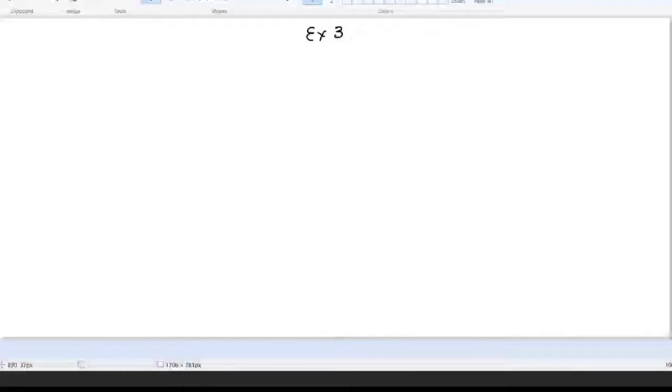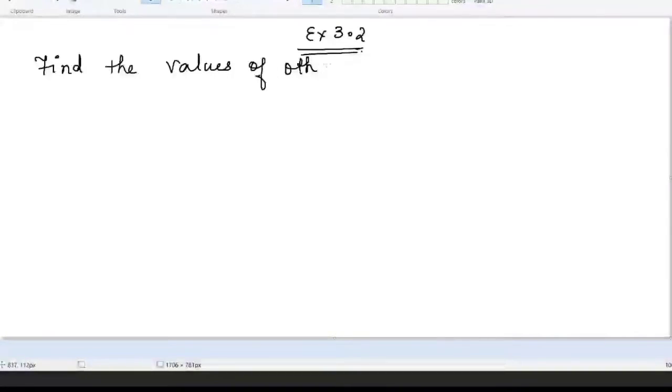Exercise 3.2. First question. Find the values of the other 5 trigonometric functions.